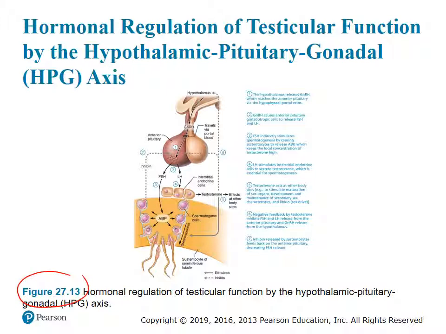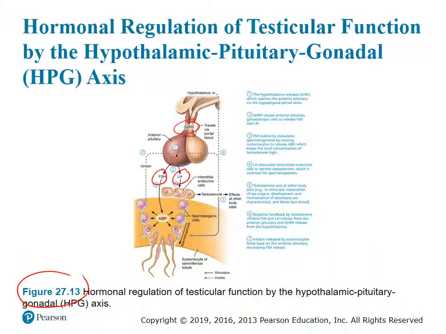And then we see how each one of those works, that the hypothalamus releases gonadotropin releasing hormone, that causes the anterior pituitary to secrete and release follicle stimulating hormone, luteinizing hormone, and then follicle stimulating hormone stimulates spermatogenesis, and that keeps testosterone really high.